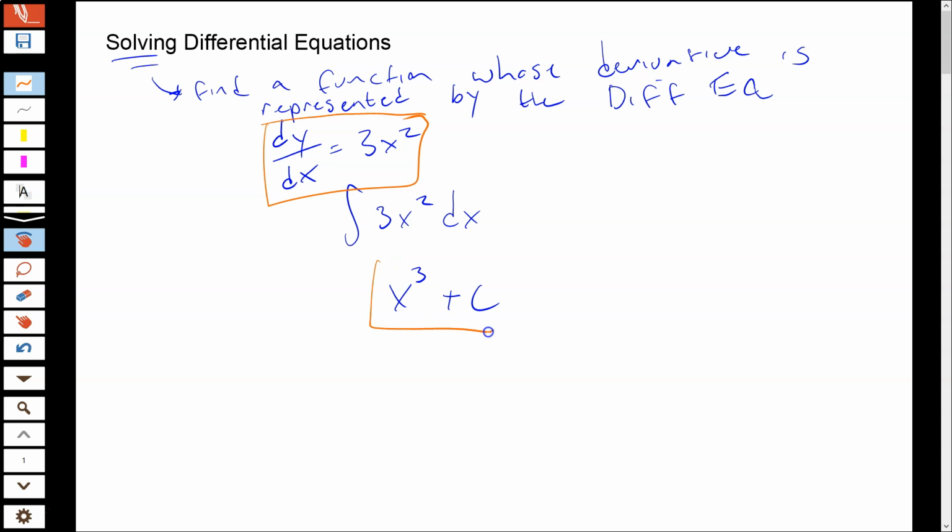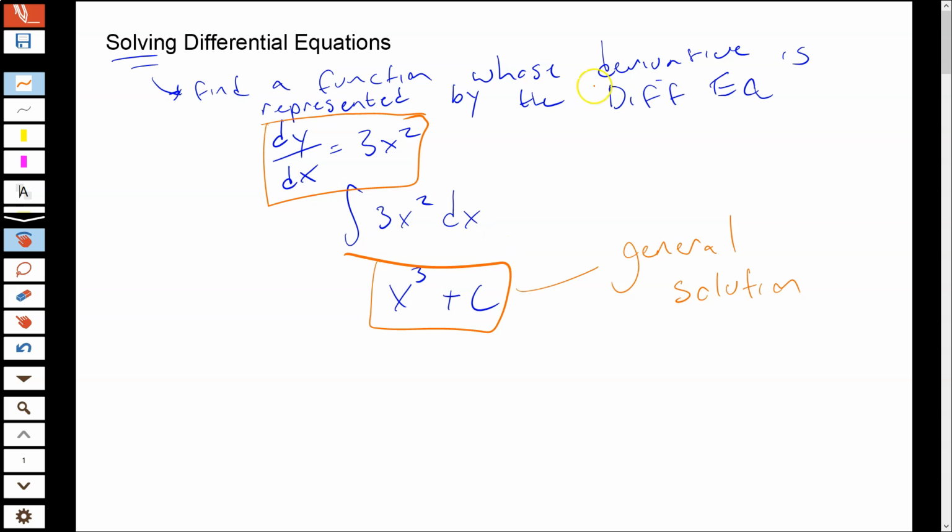And if you're like, well, that was basically just an integral, you're right. So solving differential equations in their most basic form is just integrating. Now, this is called a general solution of my differential equation. It's general because we don't know what this constant is.